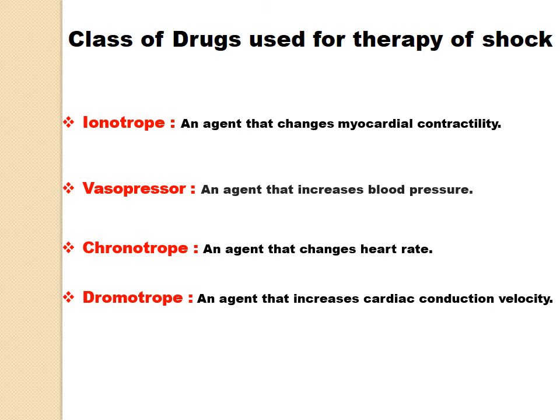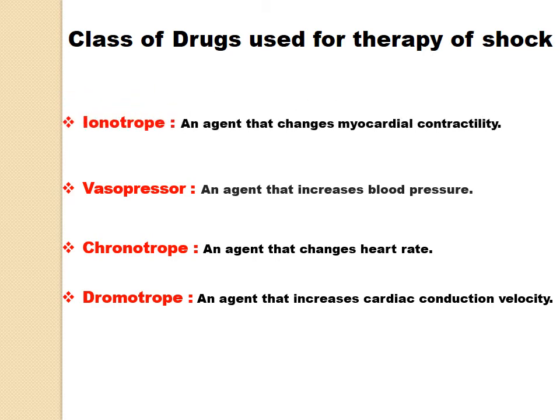Mainly, the drugs used for the therapy of shock are classified into four main categories. The first class of drug is called the inotropes.